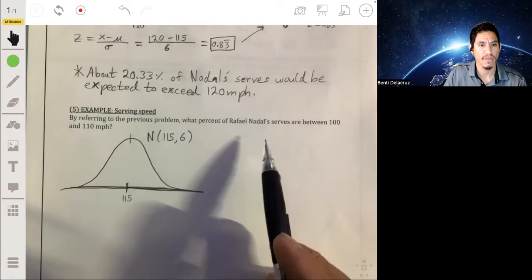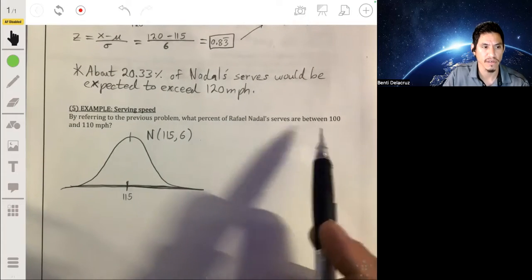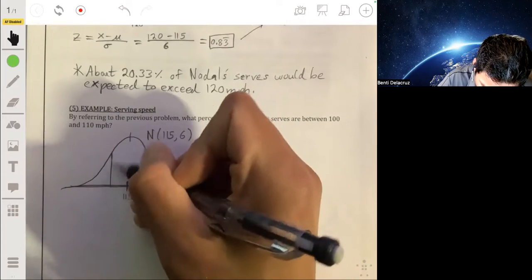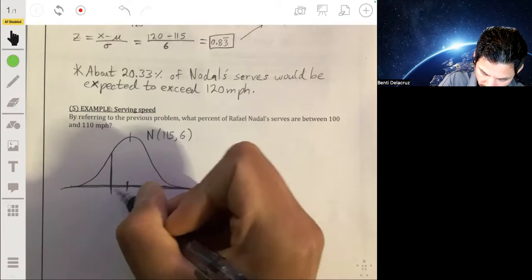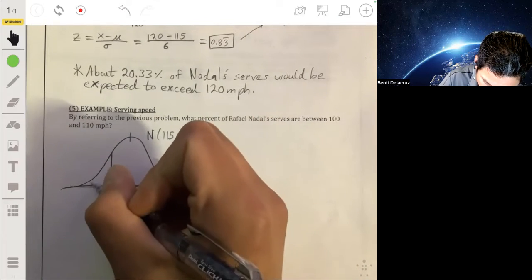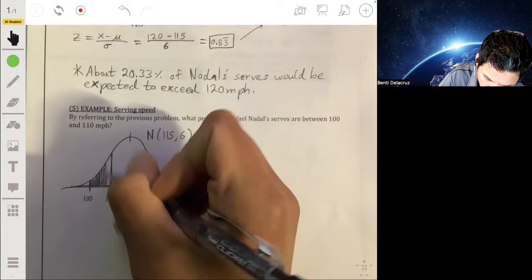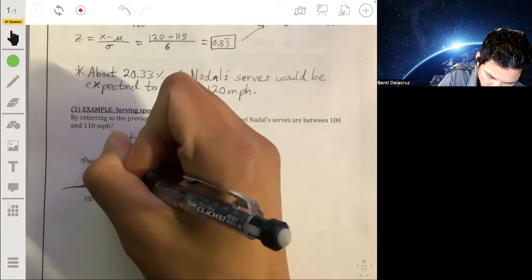If we're trying to figure out the percent of serves between 100 and 110, we're looking at an area represented to the left of this. So we could say that's about 110, and that's 100. We want to find this area.